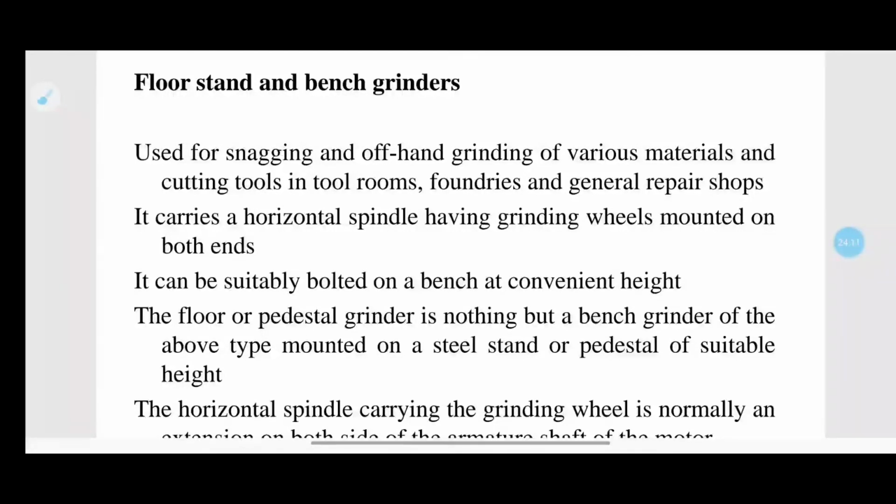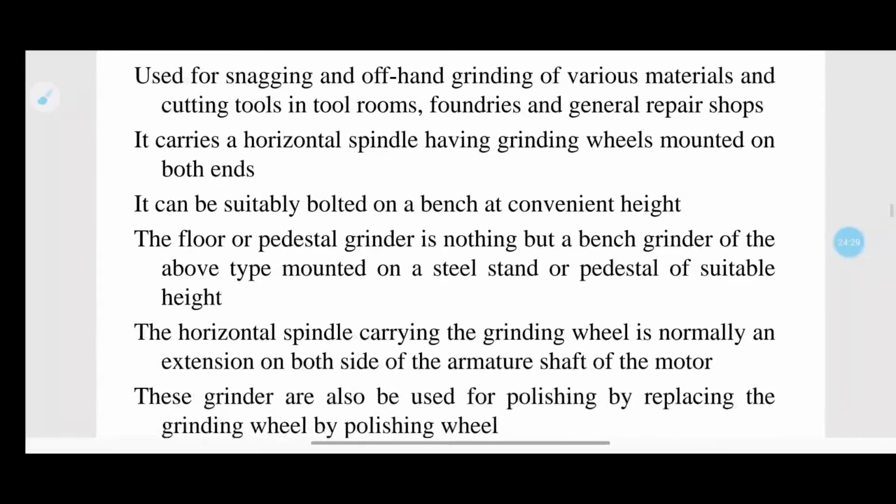The next one is the floor or pedestal grinder. It is nothing but the bench grinder above, mounted on a steel stand or pedestal of suitable height. The horizontal spindle carrying the grinding wheel is normally an extension on both sides of the armature shaft of the motor.